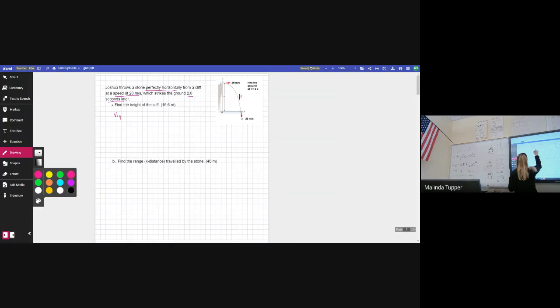So my initial vertical velocity is 0. I know that because it's a horizontal projectile. My vertical acceleration is negative 9.8 meters per second squared.